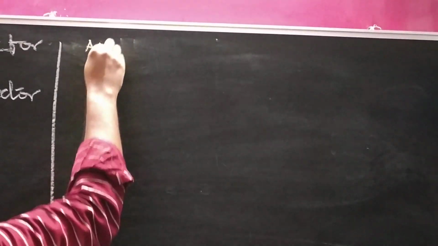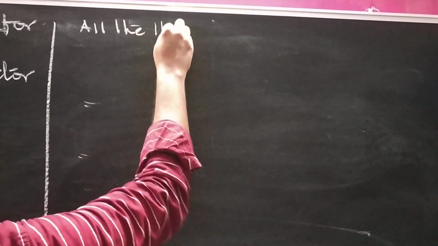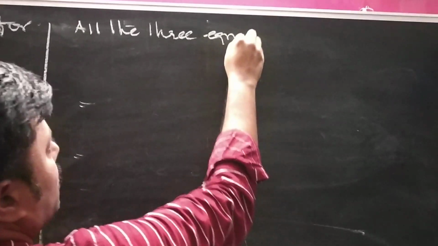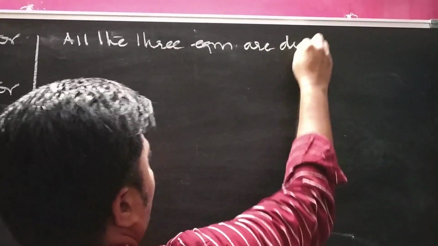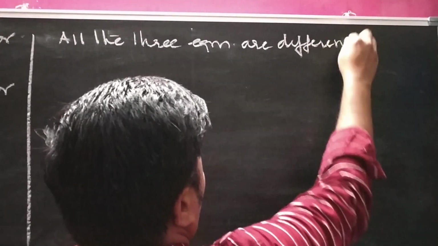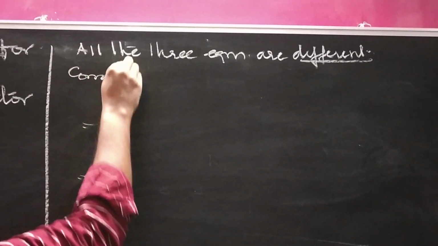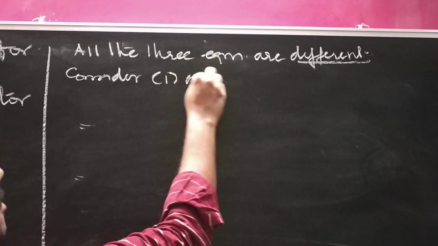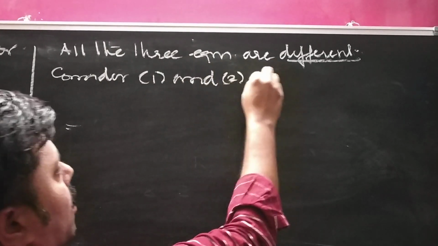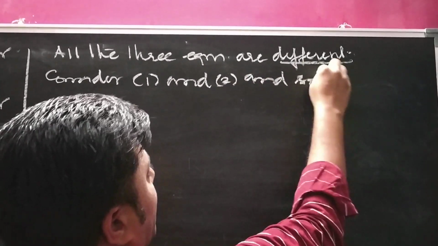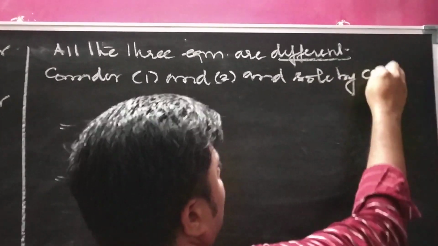All the 3 equations are different. So consider equation 1 and 2 and solve by cross multiplication rule.